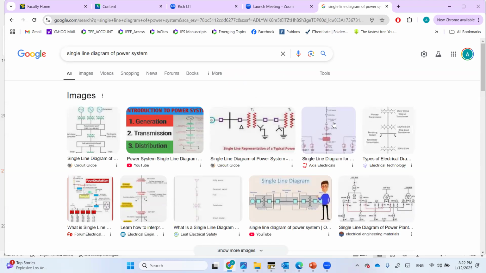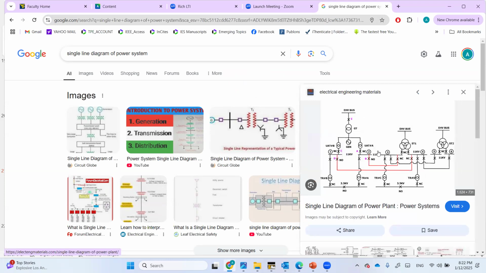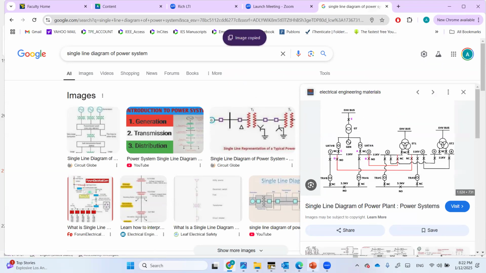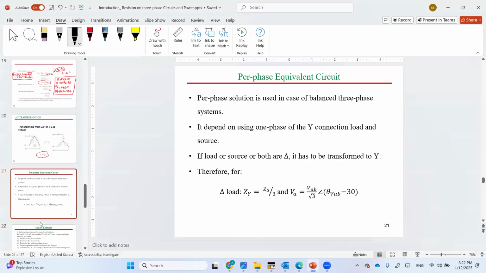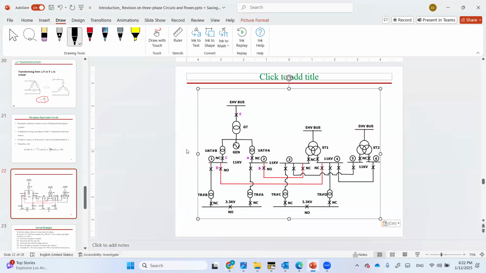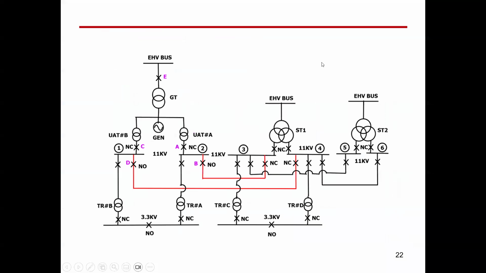Let's see this one together. Okay, so can I copy this one here? I can copy that one, so it would be easier to discuss it right here. This is great. So let's see this together, guys.